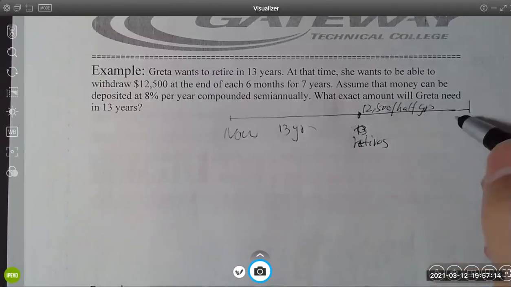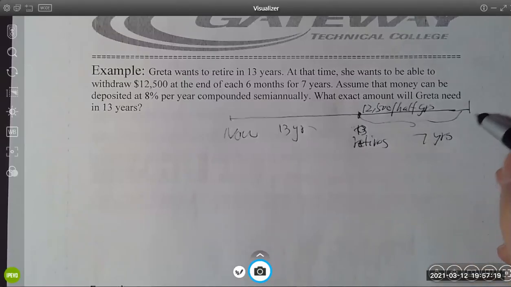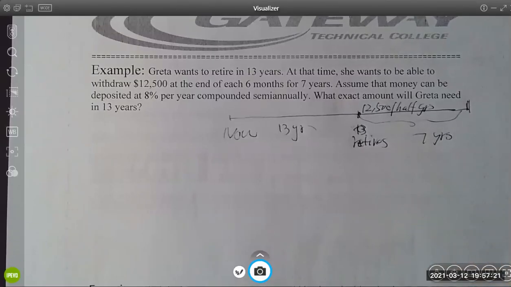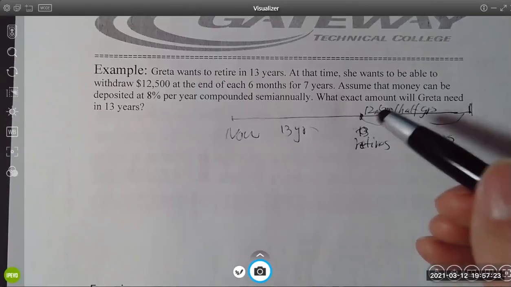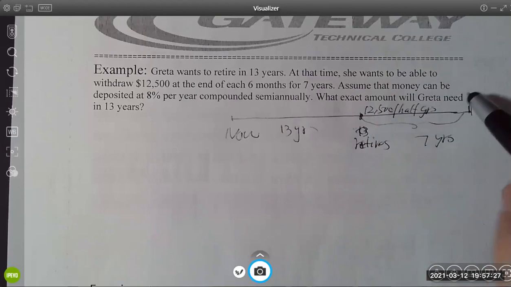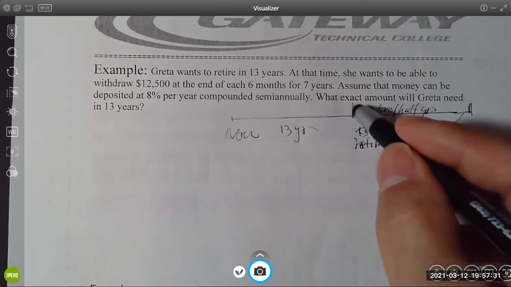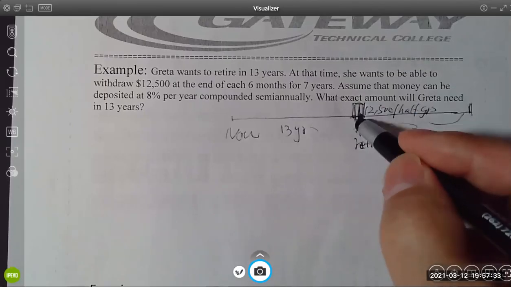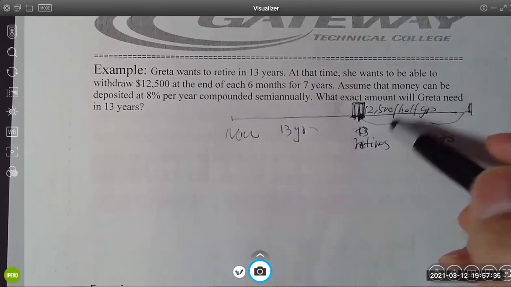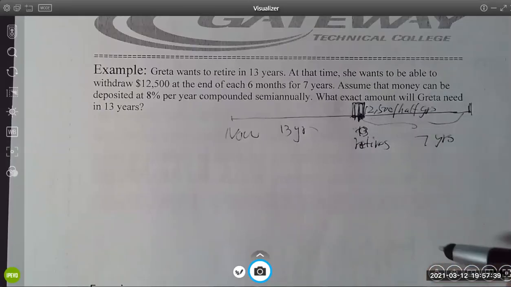She will do that for 7 years. That means this part is 7 years. Since this asks us the exact amount she needs in 13 years, how much she should have in her account at this point, so that she will be able to withdraw 12,500 every half year for the next 7 years.